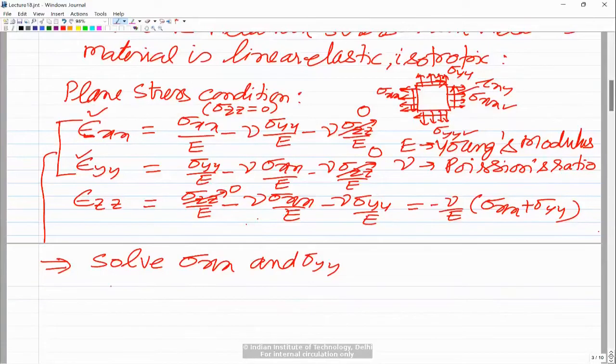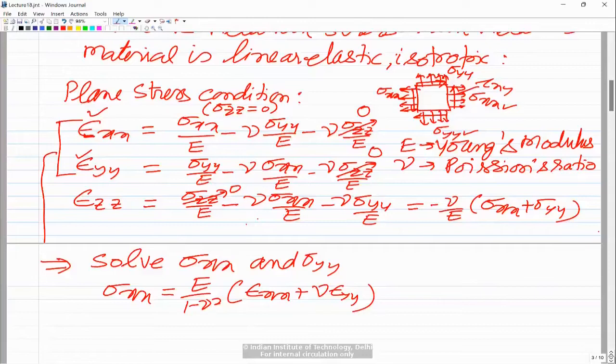So that solution, if you look at, it will come out as sigma xx equals E upon 1 minus nu square into epsilon xx plus nu times epsilon yy. So now it's a two-dimensional case. So you find that stress sigma xx is no longer simply E times epsilon xx. Sigma xx is E upon 1 minus nu square times epsilon xx plus nu times epsilon yy.